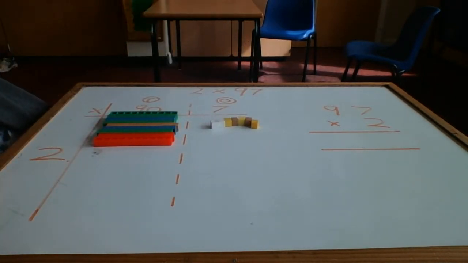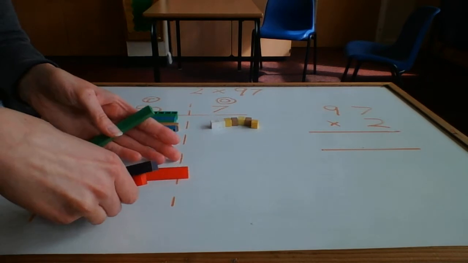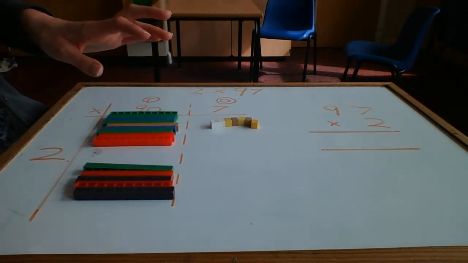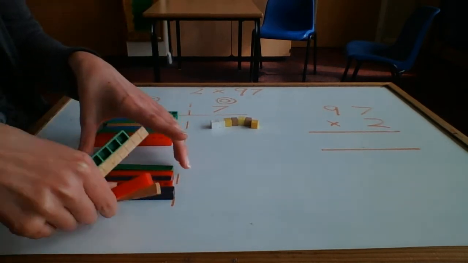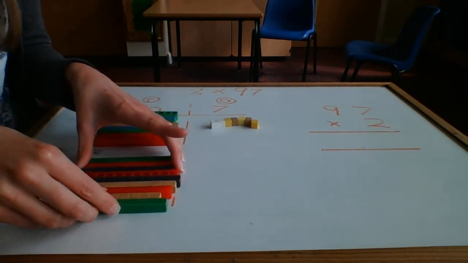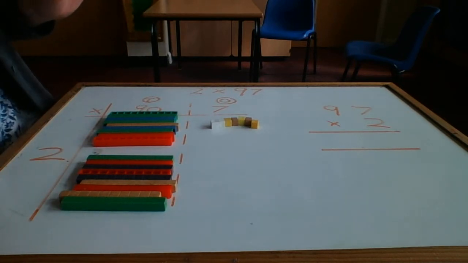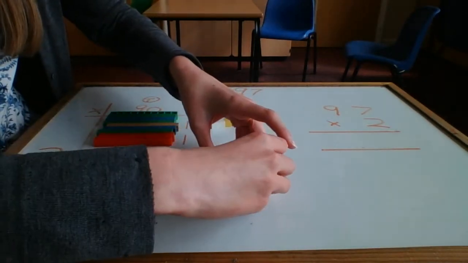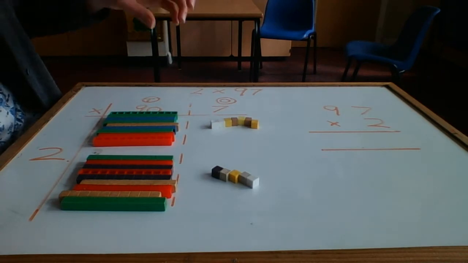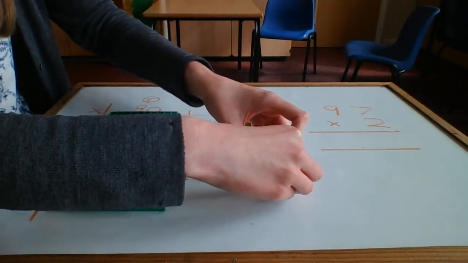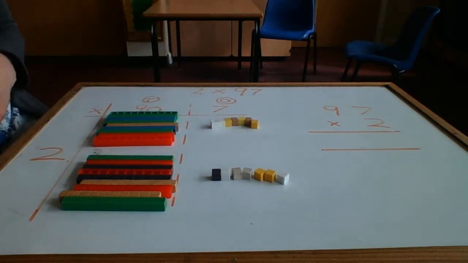And another 97. 1, 2, 3, 4, 5, 6, 7, 8, 9. And another 90. I hope you can see that on camera. And another 7 ones. So there is 97 and 97.